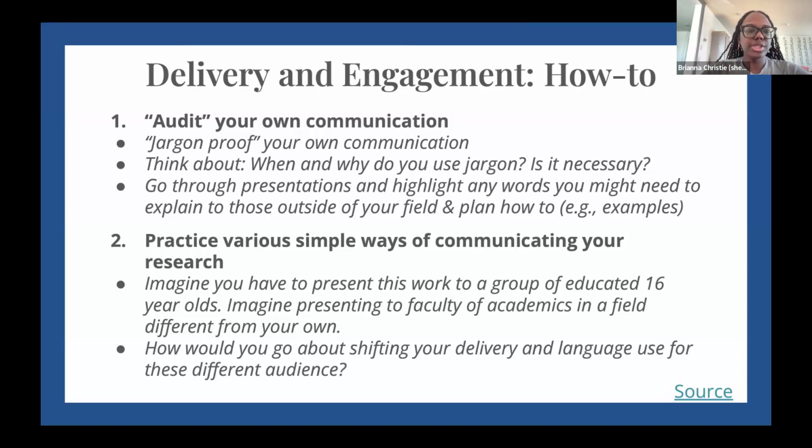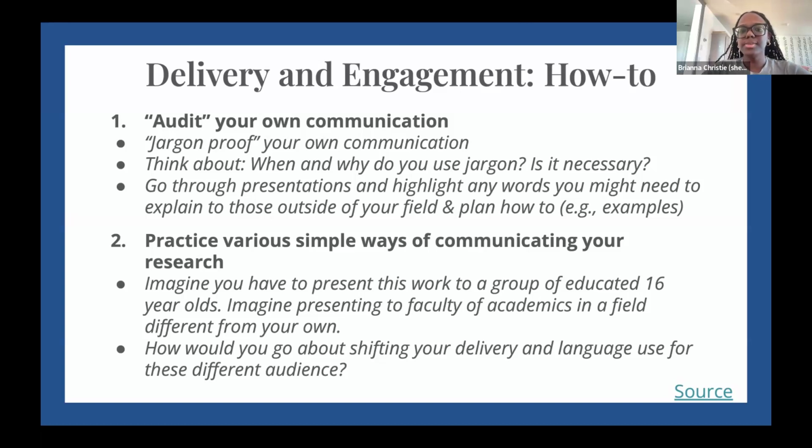And then number two is to practice various simple ways of communicating your research. Basically, once you've jargon-proofed your communication, try to put this in different scenarios on how you would communicate it to different audiences. For example, imagine you have to present this work to a group of educated 16-year-olds, or imagine you're presenting to faculty of academics in a field different from your own.